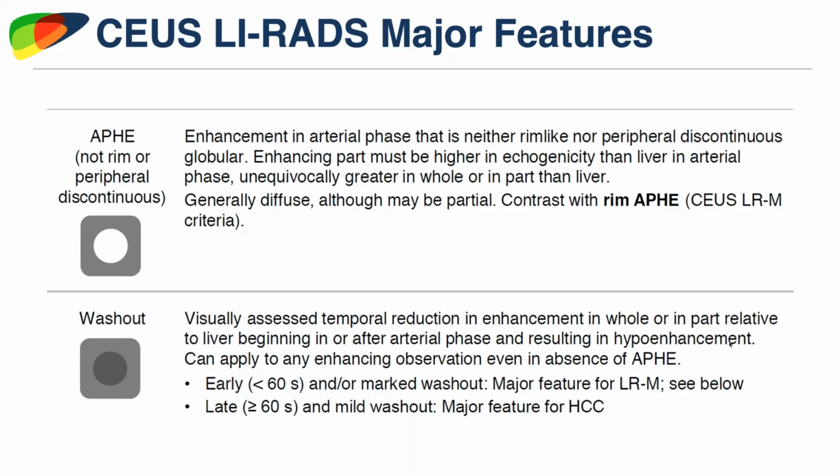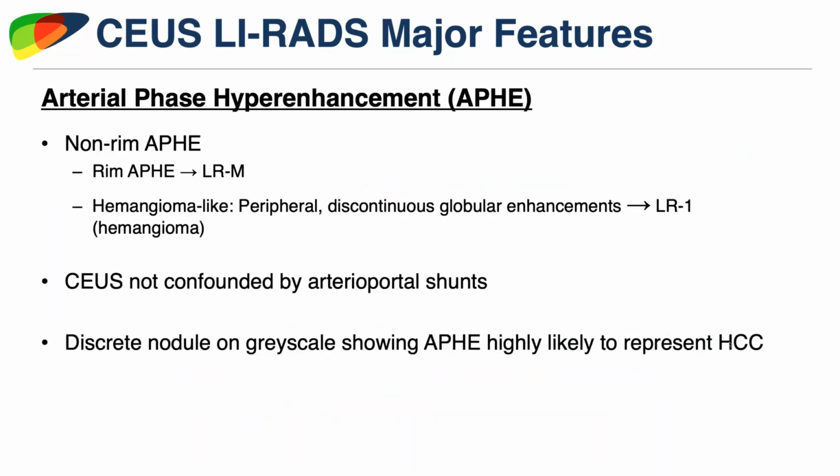But again, we define that as either early or late, and we have a cutoff of 60 seconds. So less than 60 seconds is early, 60 seconds or later is considered late. And we characterize that washout as either marked or mild. And again, that also has a time cutoff to it. We'll come back to that in a minute.